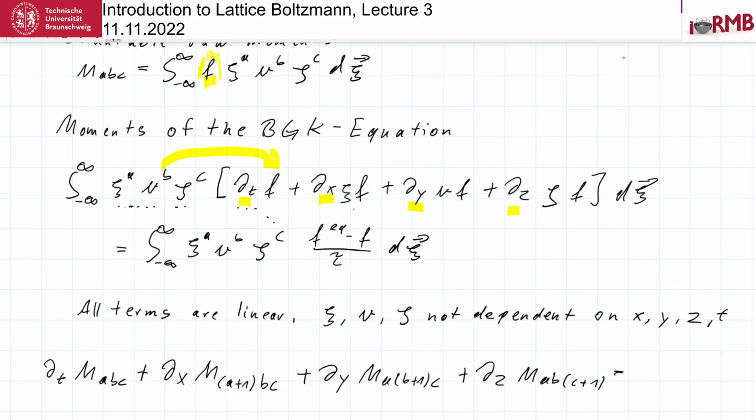And the same thing on the right-hand side, where we have the moment m_abc, the equilibrium thereof, minus m_abc, divided by tau. So now this is the equation in terms of moments.